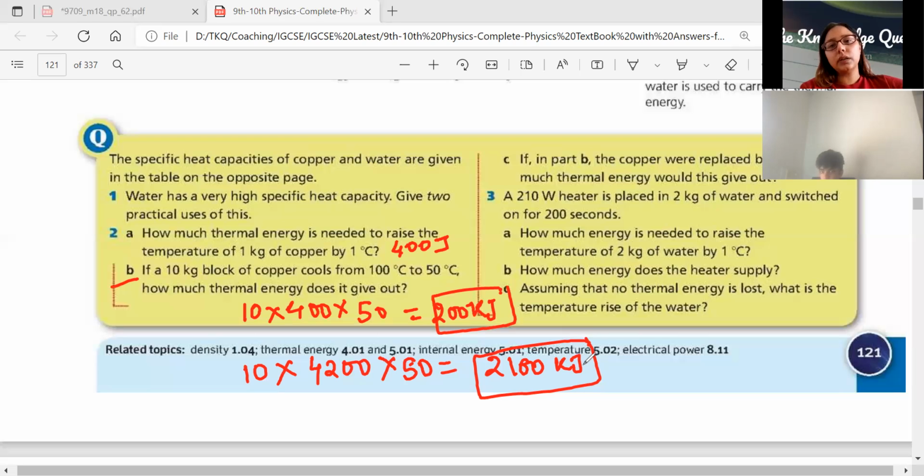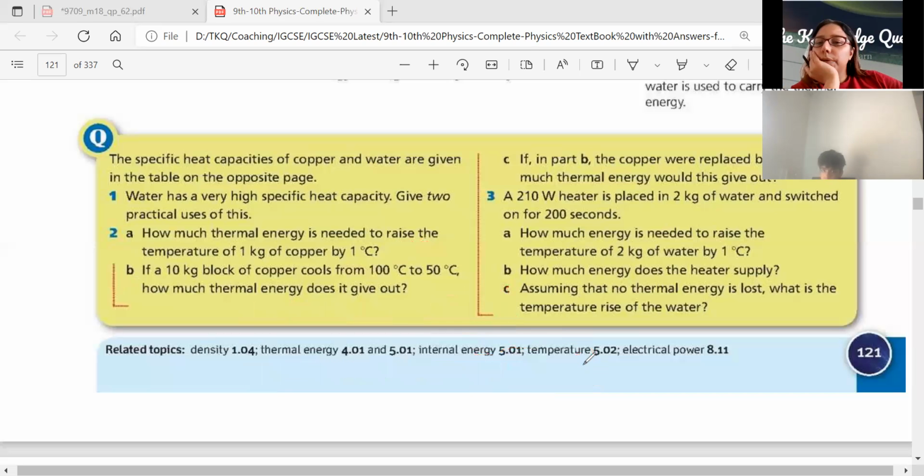Something getting cool and something getting hot both also depend on the structure, because the structure has to break. It takes time to break the bonds, and it takes time to bring the bonds back. It's the same thing here. Did you get it? Yeah.